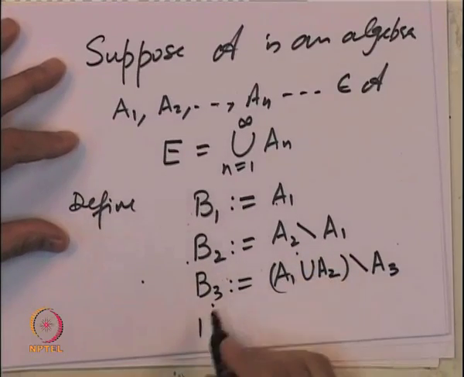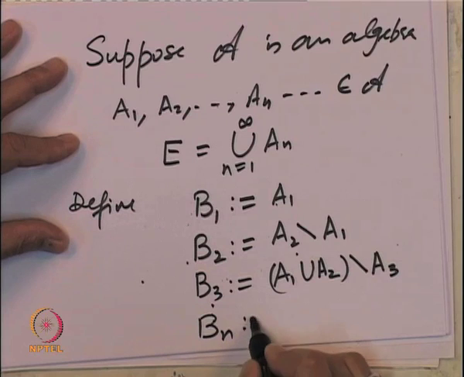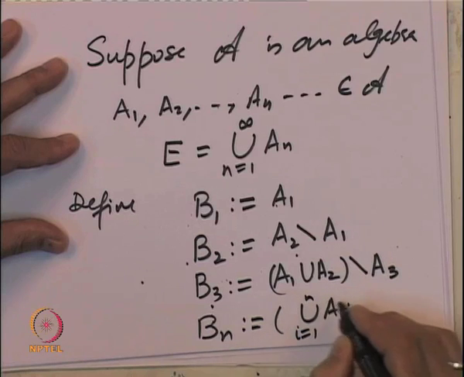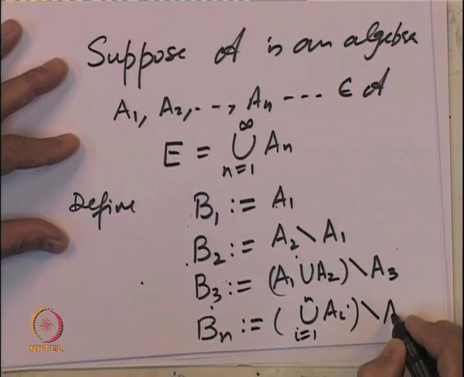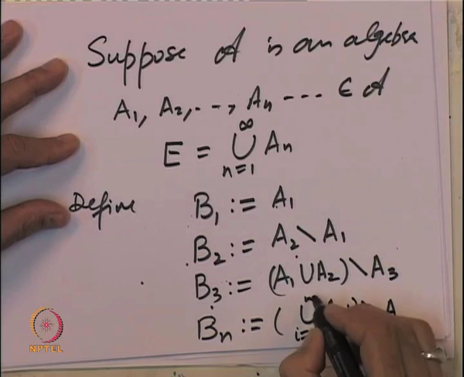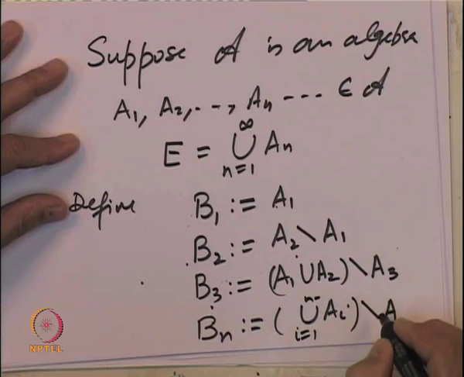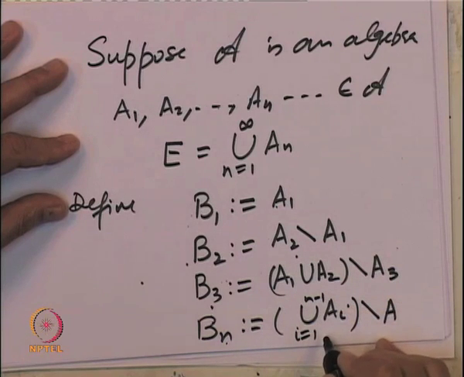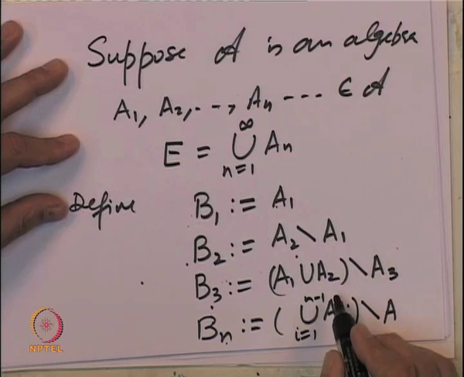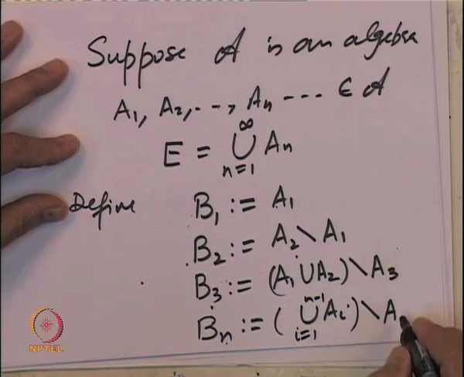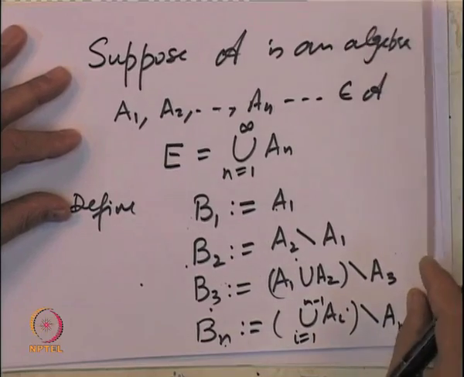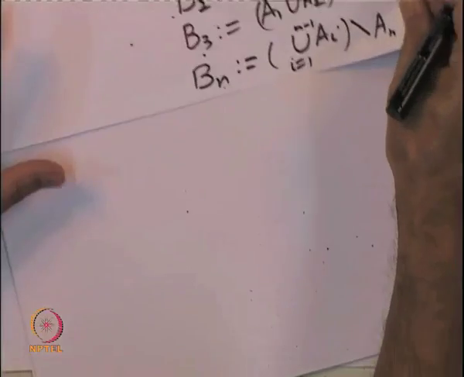So, you will define B n in general to be A n with the elements of the union of A i, i equal to 1 to n minus 1, removed from it. So, we have generated a new sequence out of the given sequence.